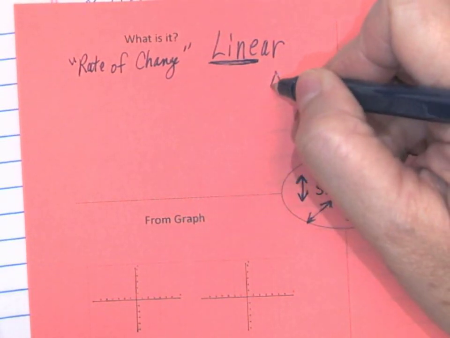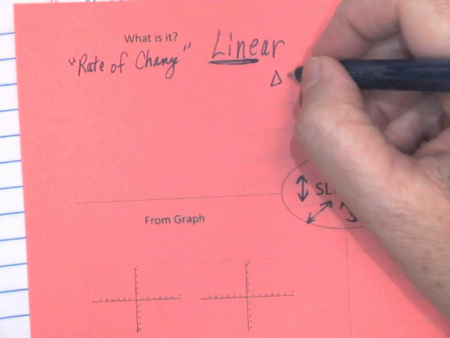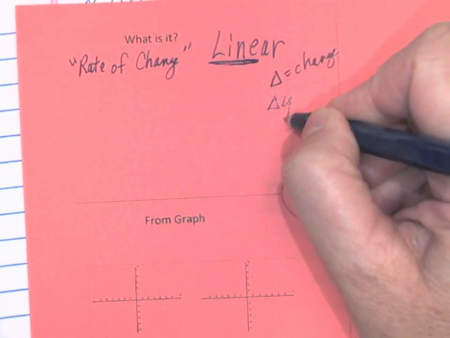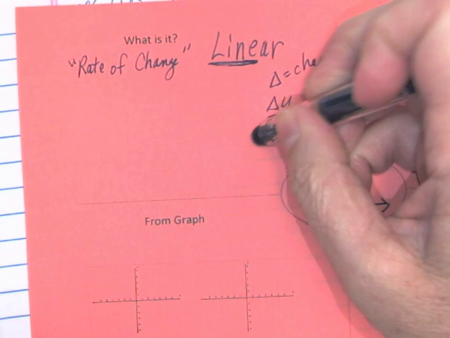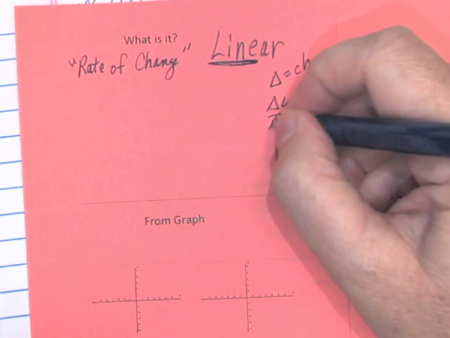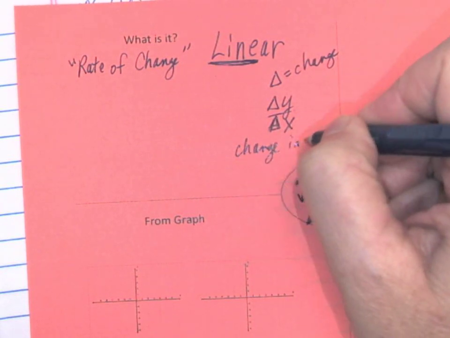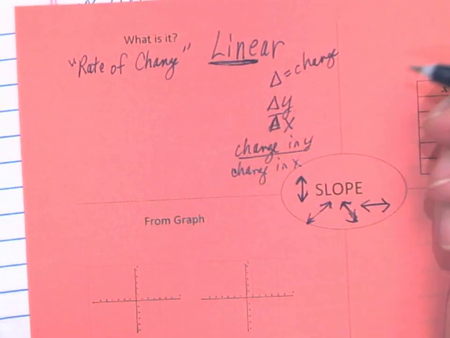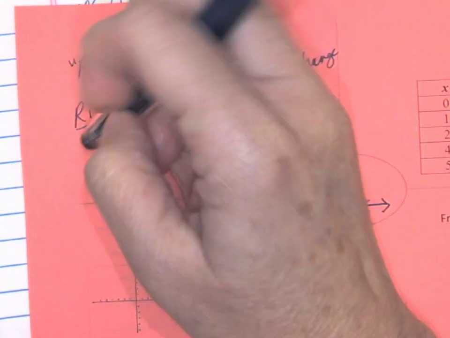The Greek symbol delta is often used to represent change. So we might say delta y over delta x. Whoops, I wrote an A instead of a delta. Delta y over delta x, that means change in y over change in x. It's the rise over the run.